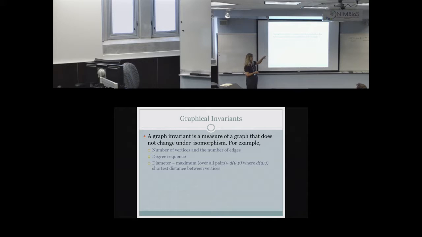The degree is a measure of a single vertex, but you could list the degree sequence, and that would be for the whole graph. Other graphical invariants include the diameter. The distance between two vertices is the shortest path. There may be multiple paths, but the shortest one is the distance. Over all pairs of vertices, you take the maximum of the distances, and that's the diameter of the graph.